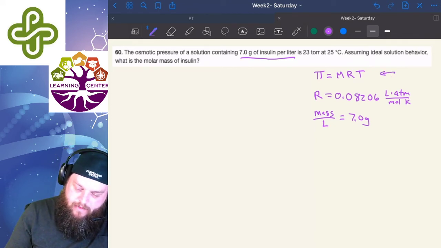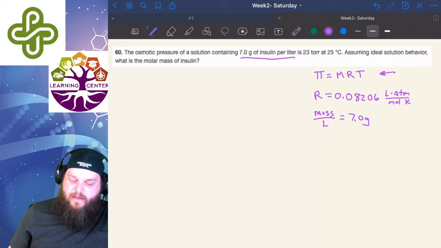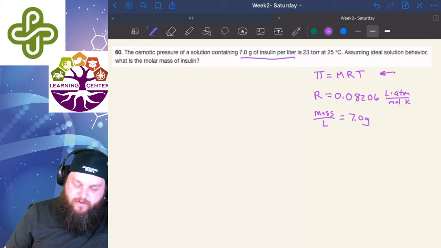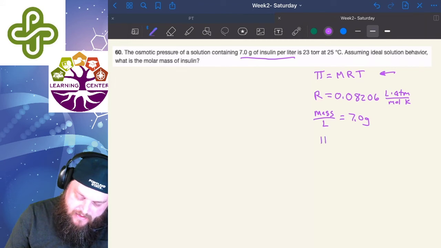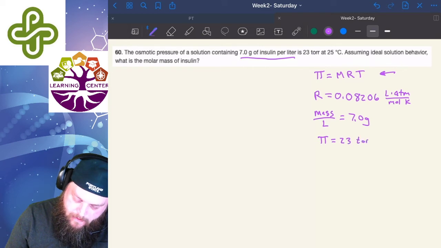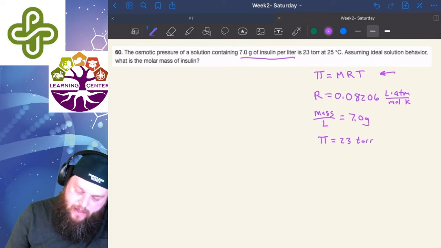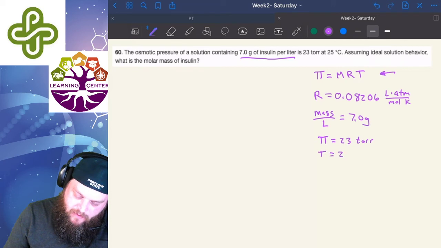We need to get everything into this point here where we can get the osmotic pressure. They're also telling us that it's equal to 23 torr, and we know a temperature is equal to 25 degrees Celsius.